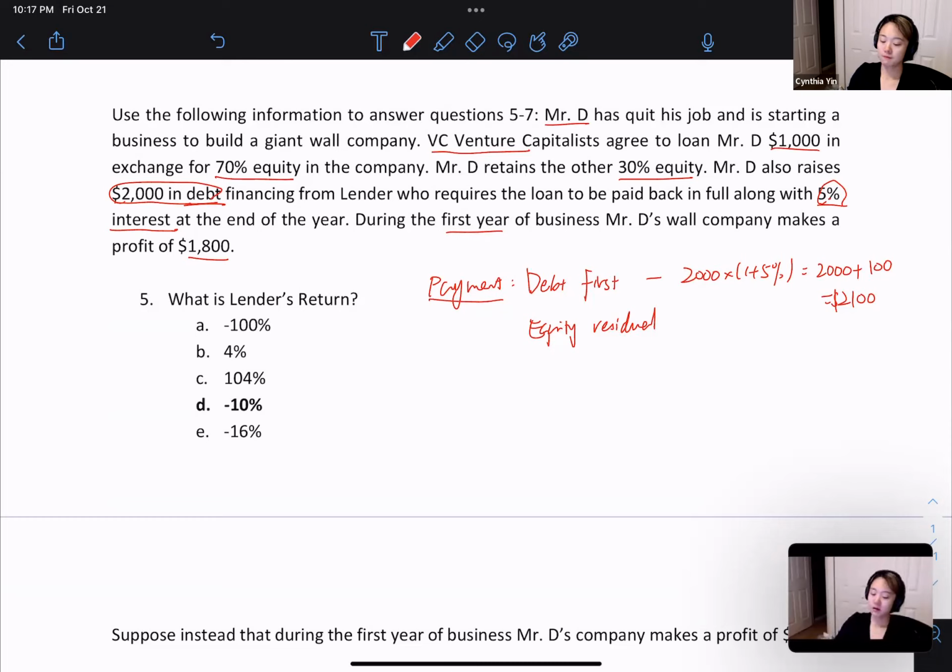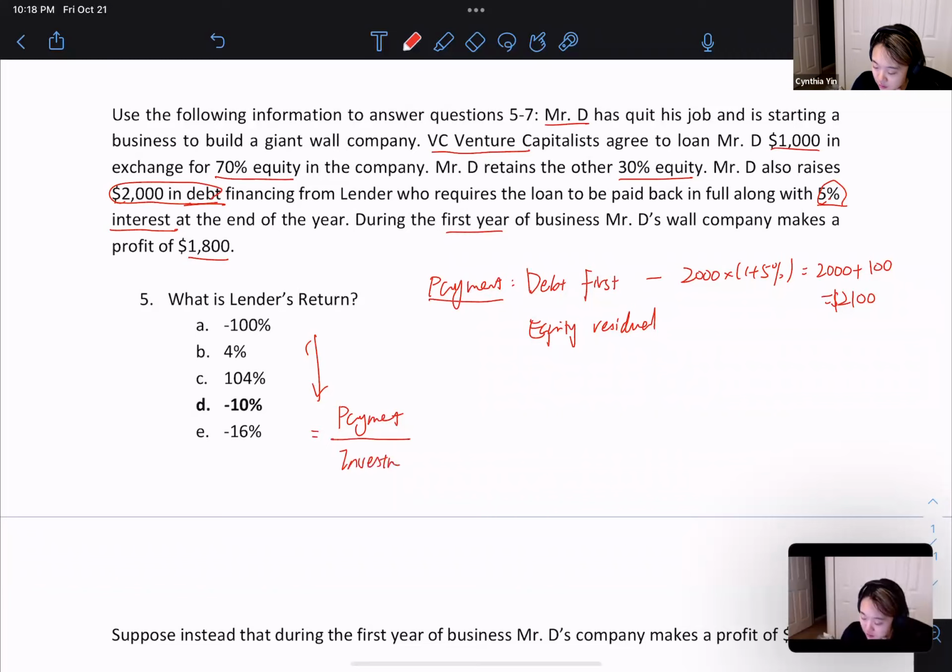Then what is the lender's return? The lender's return equals the payment he gets divided by the initial investment, minus 1.